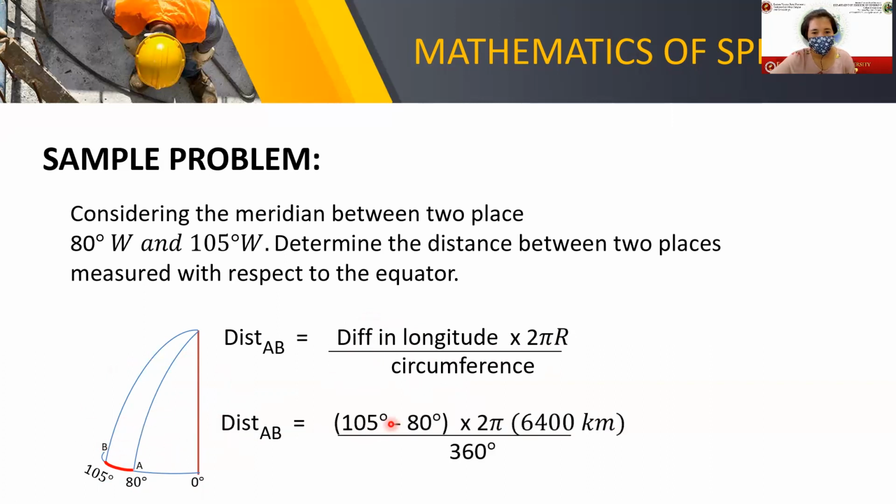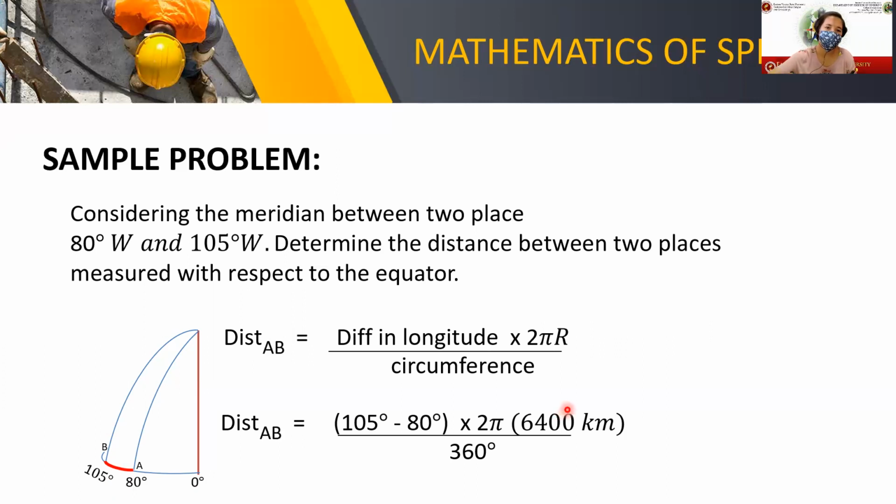So can you solve this: 105 degrees minus 80 times 2 pi r, where r is the estimated or average radius of the Earth. If you encounter this problem and there is no given r, you can use r as 6,400 kilometers.